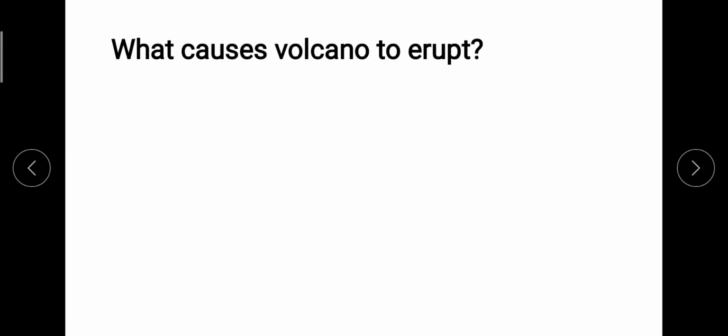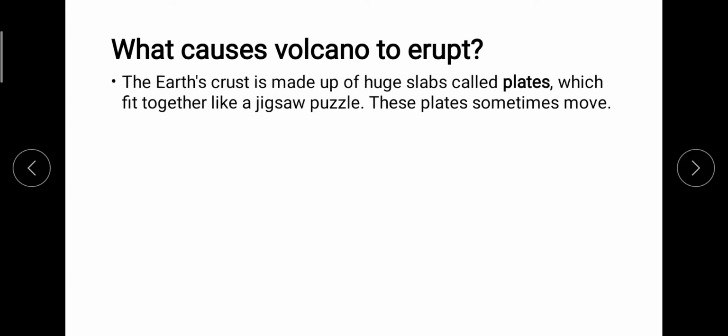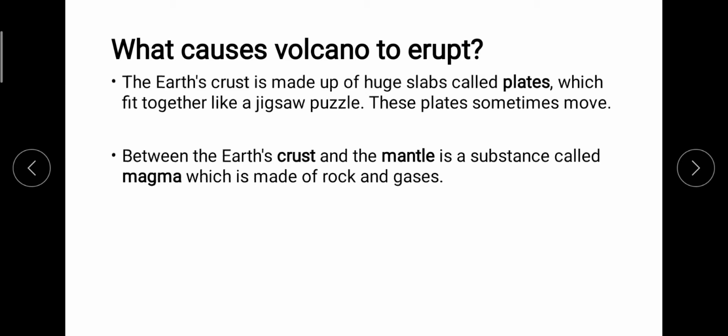Now, what exactly is the causing agent of the eruption of a volcano? That means how exactly does a volcanic eruption take place? The very basic thing is that it is related to the plates that we discussed in the case of earthquakes also. That means the earth plates under the earth's surface. These plates move here and there, because of which there is a disturbance between these two layers, the earth crust and the mantle.